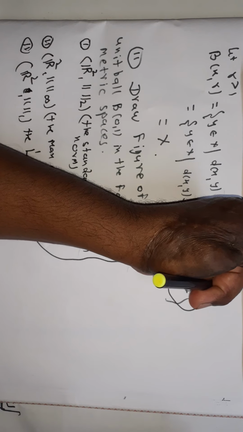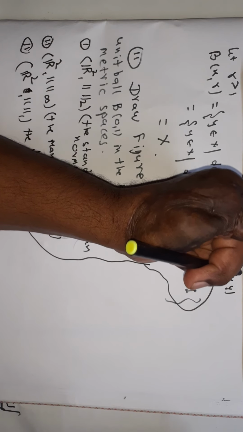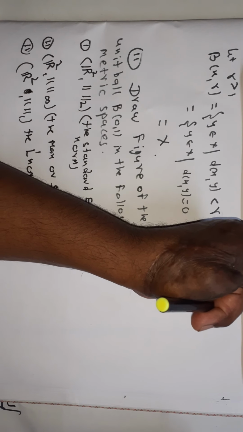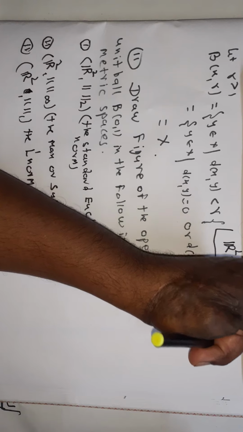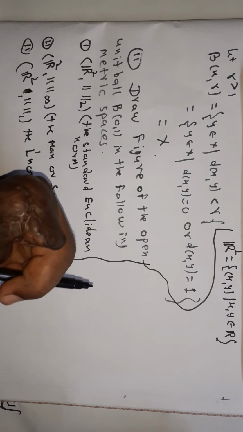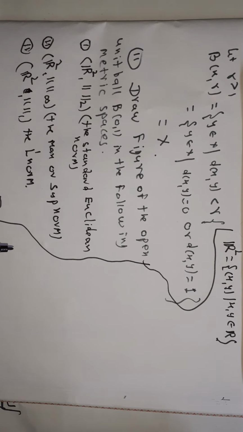It is the set of elements of the type x comma y such that x, y belong to R. On R2, we define the norm 2, the standard Euclidean norm.